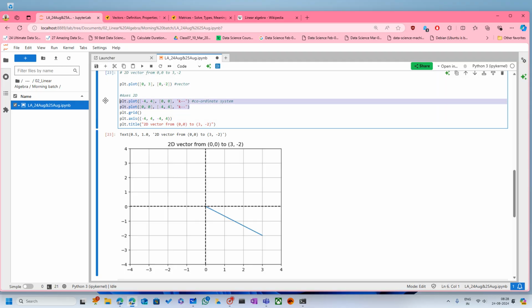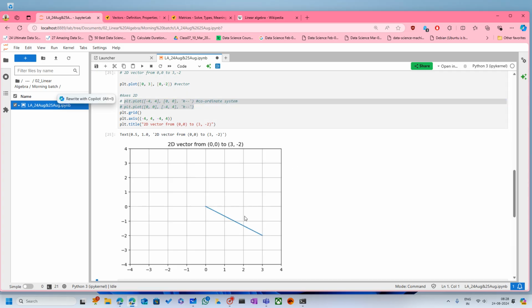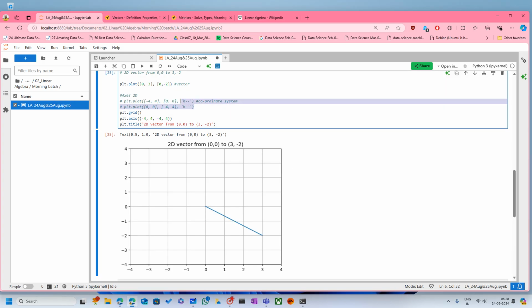Now what happens if you highlight this? You see, these were added as dotted lines to get the axis. This is added to get the entire box itself. This is added to get this inside mesh that you are seeing.